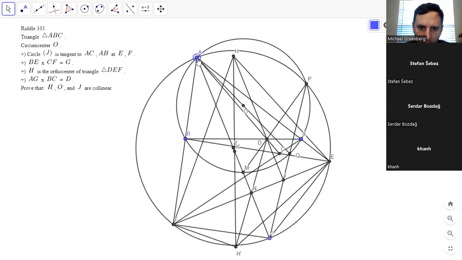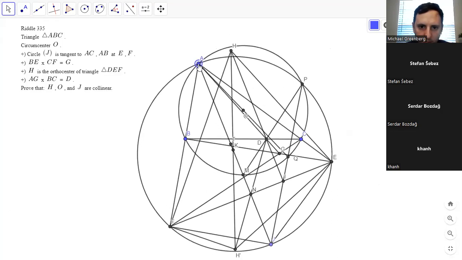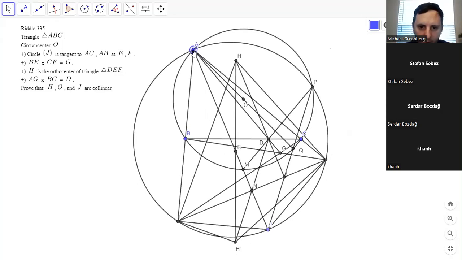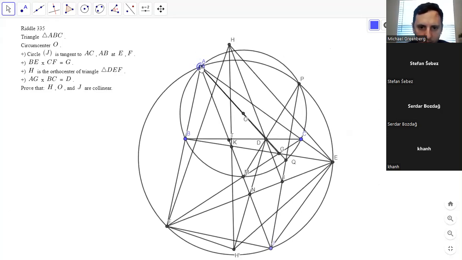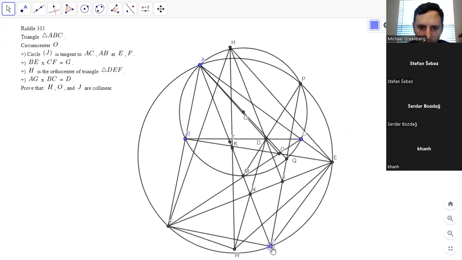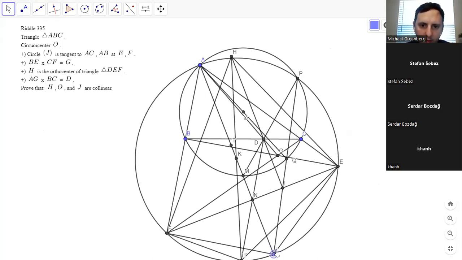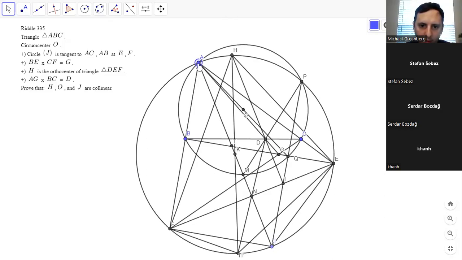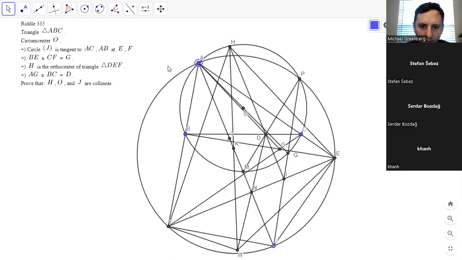So T is the orthocenter of AEF, you said? Yes. All right. Then you said that T, what did you say was true then? TH is perpendicular to BC.